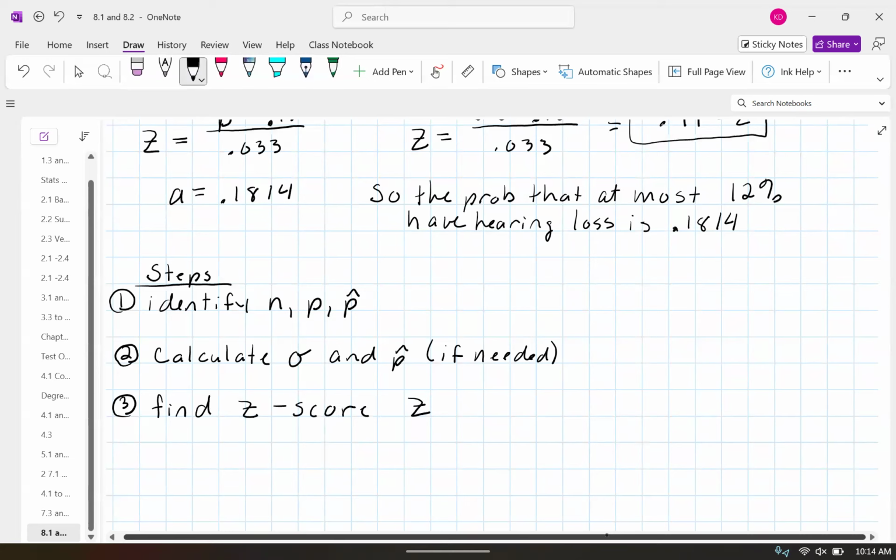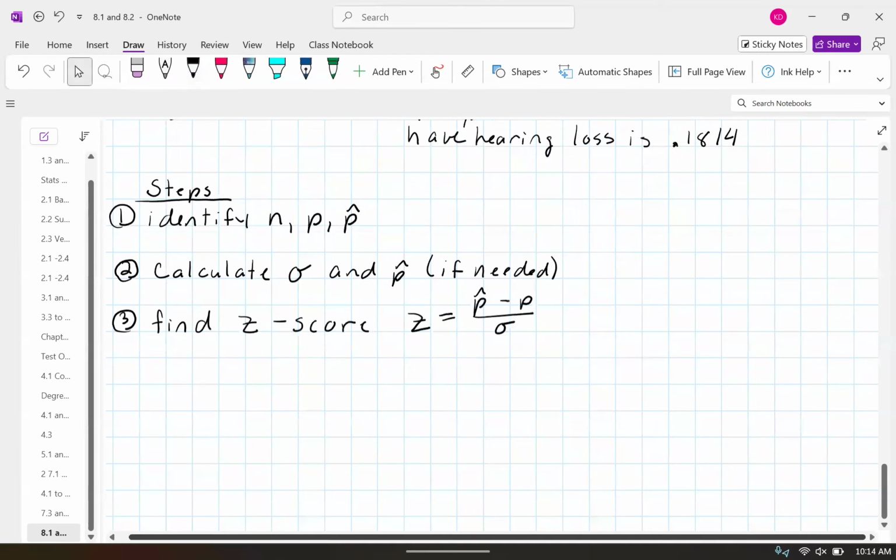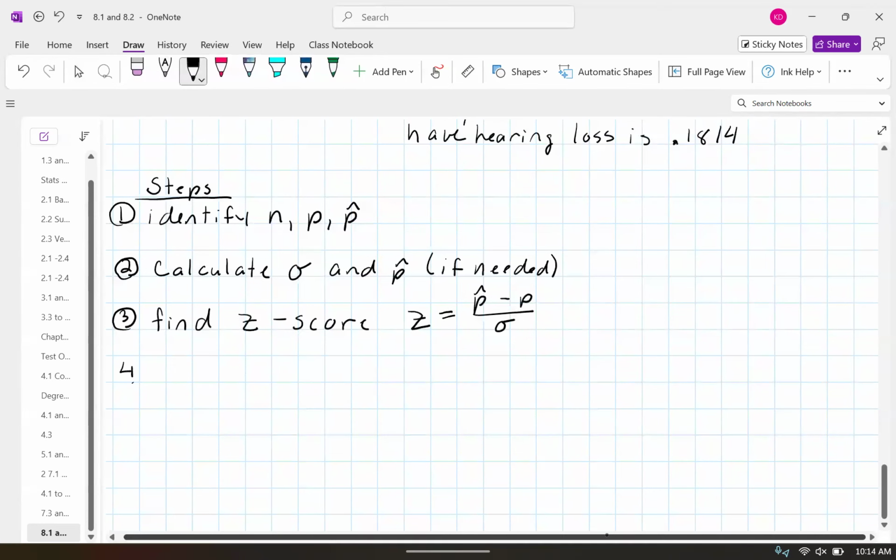So we get z equals our p-hat minus our p, over the standard deviation.